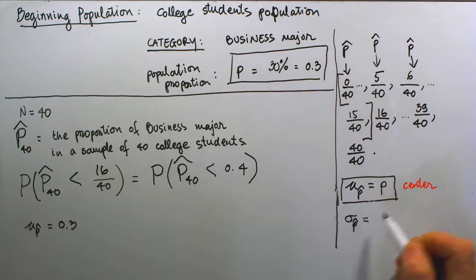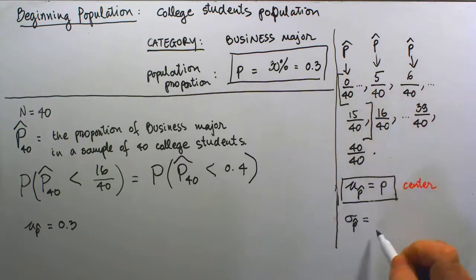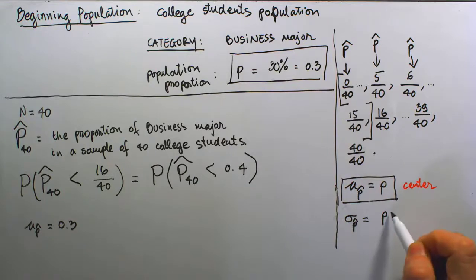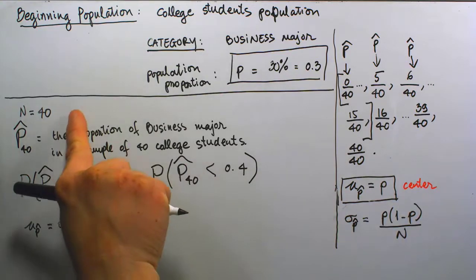The theorem that I mentioned earlier also guarantees that calculating this average spread on this population of sample proportions can be done as easily as multiplying p, this value right here, with 1 minus p, and dividing by n, which is namely our sample size indicated here.